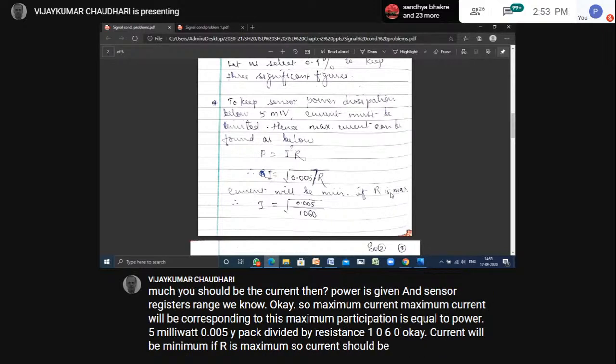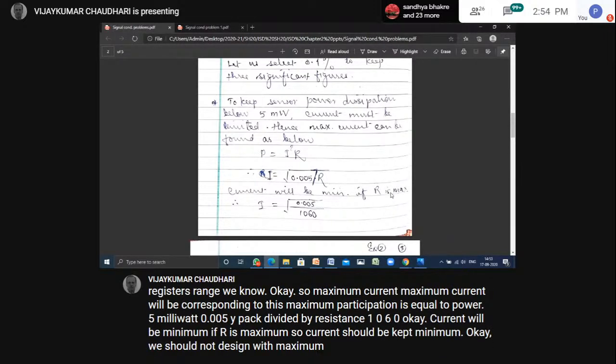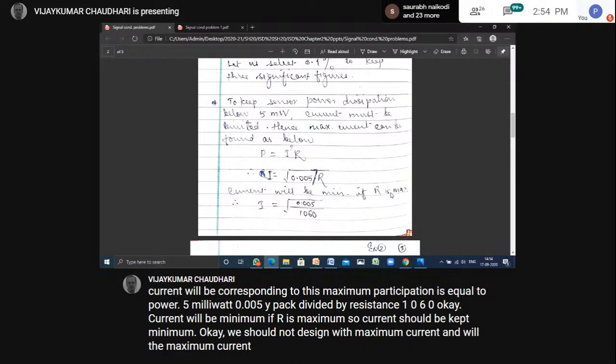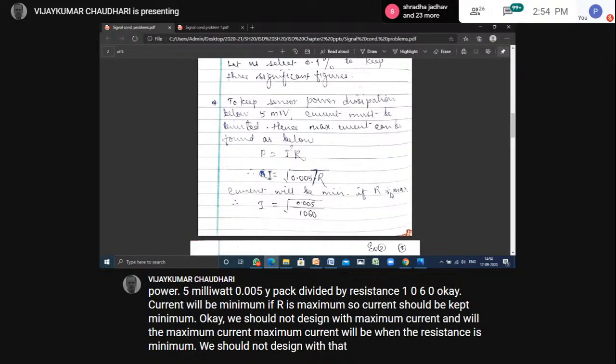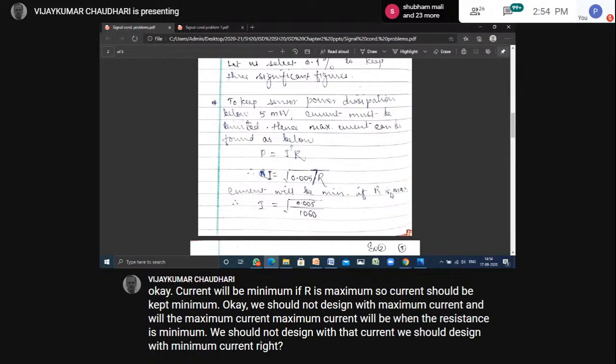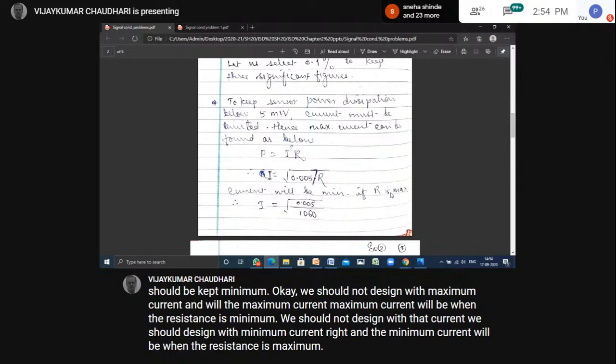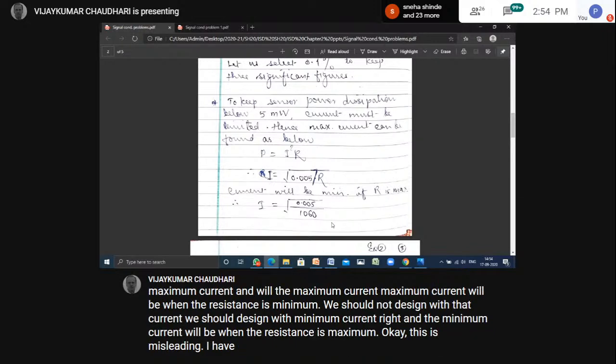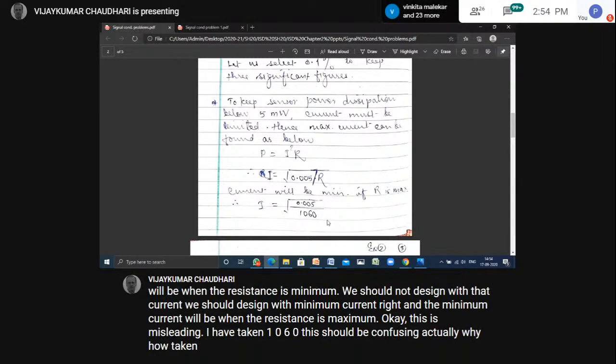We should not design with maximum current. Maximum current occurs when the resistance is minimum, and we should not design with that current. We should design with minimum current, and the minimum current occurs when the resistance is maximum. This is confusing: why have I taken 1060 for the current? Because I should design with minimum current.